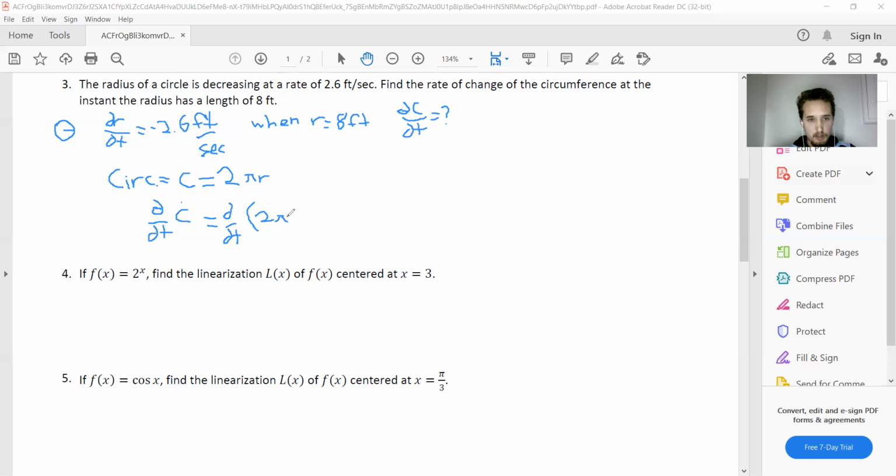Luckily, this one's more simple than the others. So you get dc/dt equals 2 pi comes out in front, and then it's just a lone r, so you just get dr/dt.